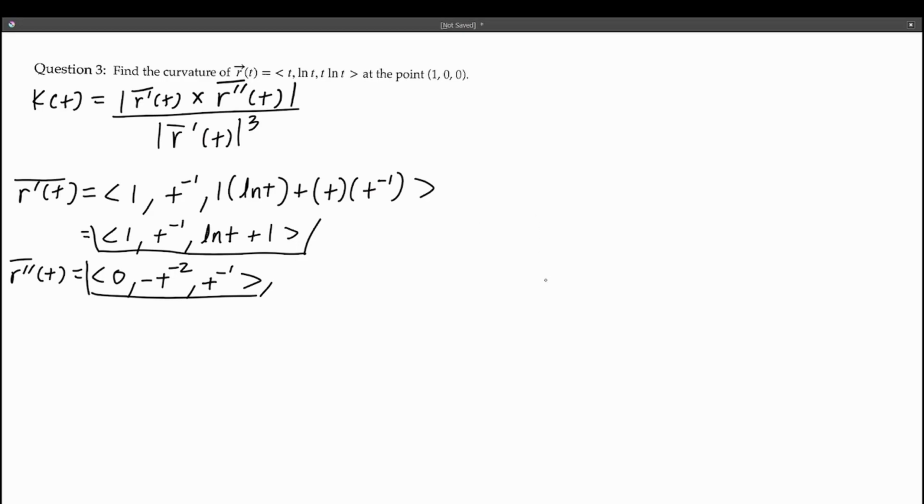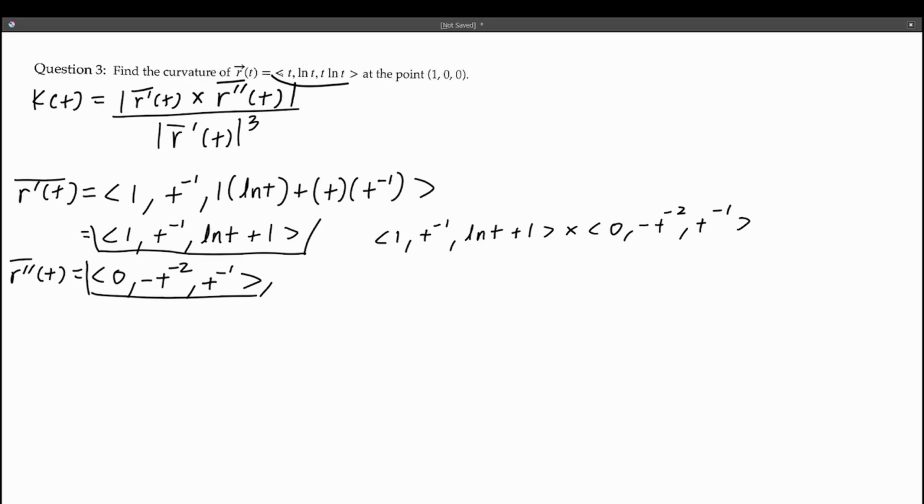So then all we got to do now is plug it in to find the curvature of t. So we'll find the cross product of ⟨1, t to the negative 1, ln of t plus 1⟩ and ⟨0, negative t to the negative 2, t to the negative 1⟩. I think it'll be easier if we go ahead and plug in the value of t, which we'll have to solve for. To what value of t would give us (1, 0, 0)?